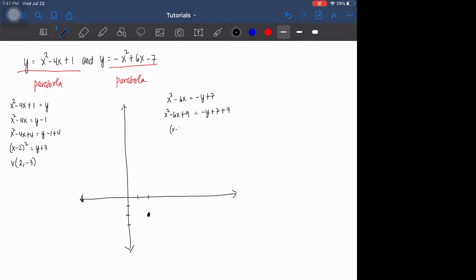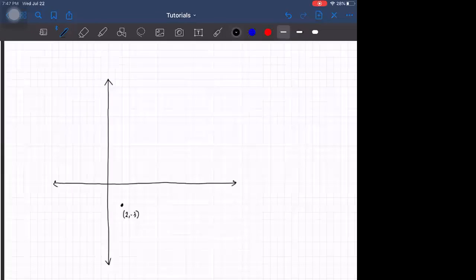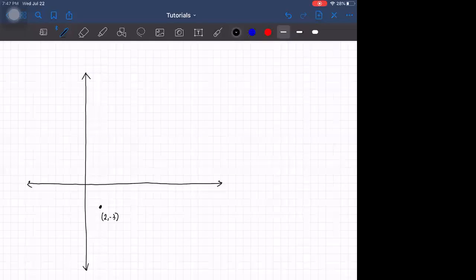So (x minus 3) squared equals negative (y minus 16). The vertex is at (3, 16). It opens downward. Counting up to 16 on the graph, the two meet.